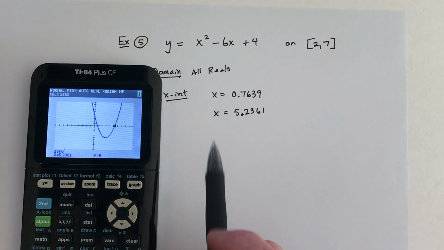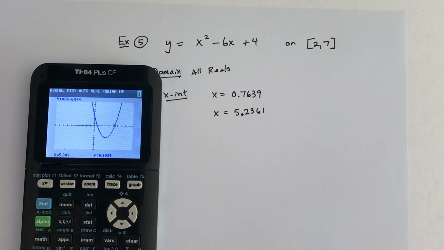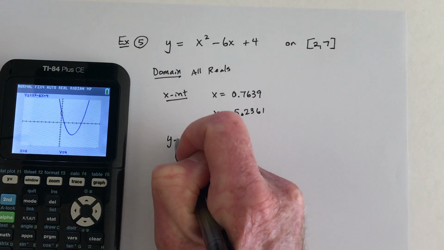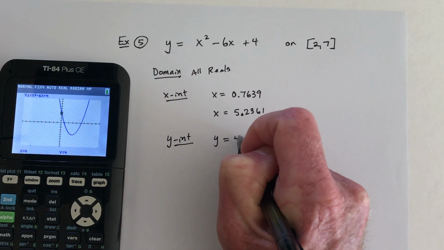Okay, there's the x-intercepts. And for the y-intercept, that just means when does it cross the y-axis. So right here, that means x equals 0. So I can just trace, plug in x equals 0, and then that's where y equals 4. So for the y-intercept, that was y equals 4.